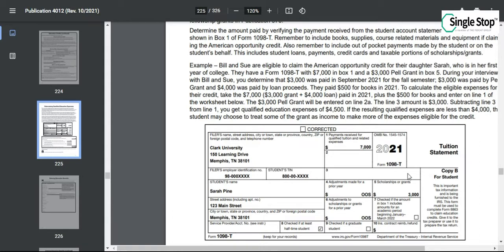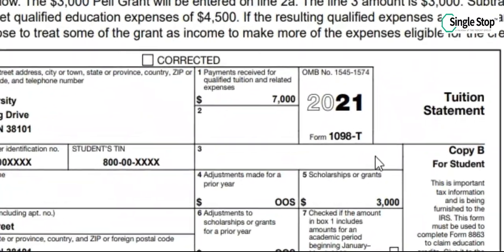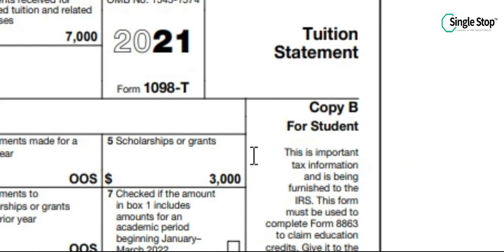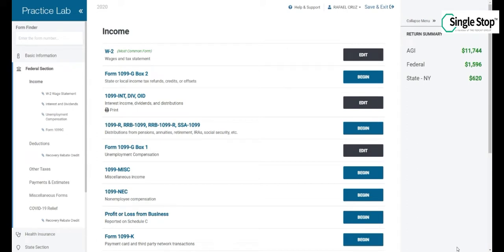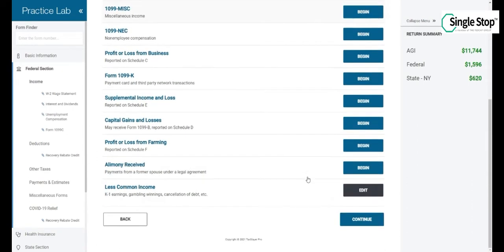So that gives you a remaining $4,500 for qualified education expenses. So what they did is they subtracted box 5 from box 1 and added the out-of-pocket expenses. So now that we've added the extra income, scroll down, click continue.